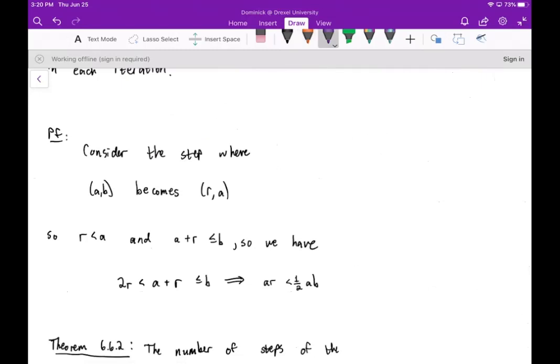We're going to consider the step where the GCD of A comma B becomes the GCD of R comma A. Since R is less than A, and we know that A plus R is less than or equal to B, if we add R to both sides, we get that 2R is less than A plus R, but A plus R is less than or equal to B. So we get that AR is less than 1/2 of A times B, right?